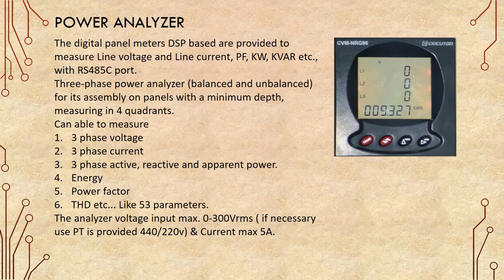It only takes the instantaneous value of the voltage and current. Then it calculates all the electrical parameters using some techniques. That's why we need a DSP to do all those techniques. So that's why this is a DSP based power analyzer.